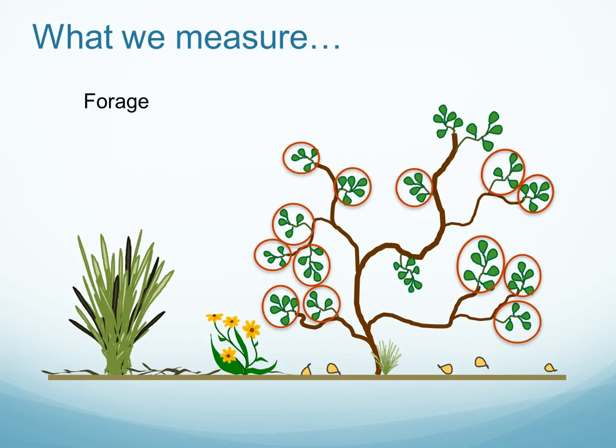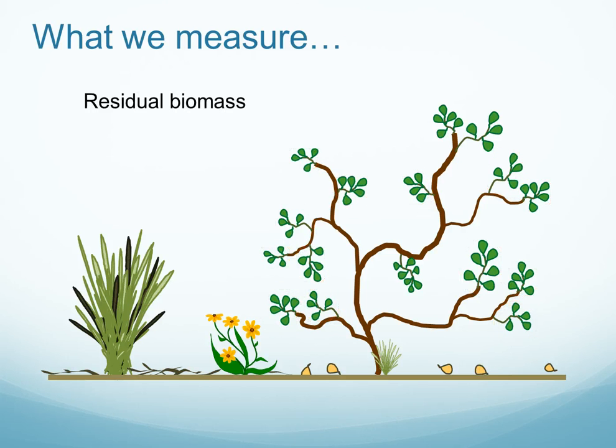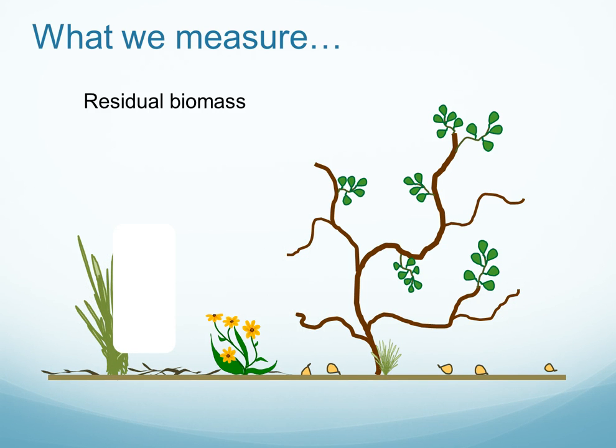inventory of browse. Now, residual biomass is the weight of vegetation that's remaining after grazing or harvest has been completed. And so here what we see is an illustration of what, at the end of the grazing season, at the end of the season of use, what we would measure would be the residual biomass of usually herbaceous species.